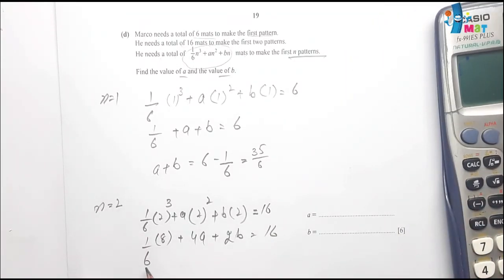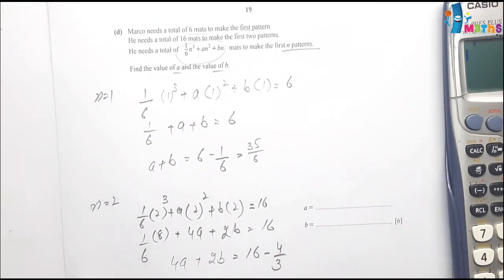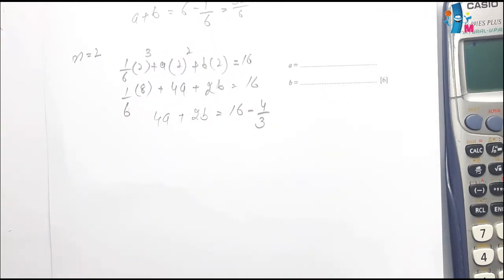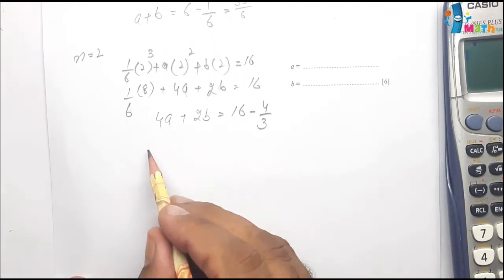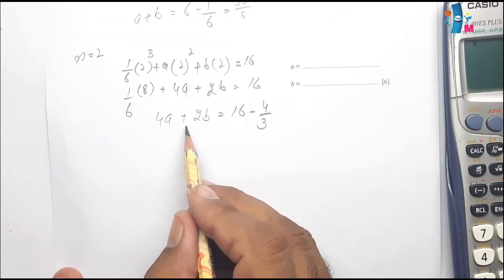Now we can simplify this one. This will be 4a plus 2b is equal to 16, and minus, we can write this one as 4 by 3. So minus 4 by 3, we have shifted this to this side, and then we can simplify further.